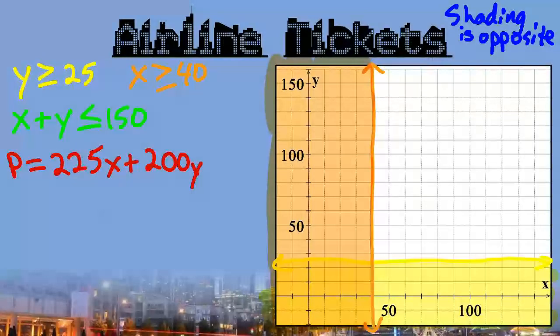All right, now we have x plus y is less than or equal to 150. So here's what I'm going to do: I'm going to rewrite that as y is less than or equal to negative x plus 150.